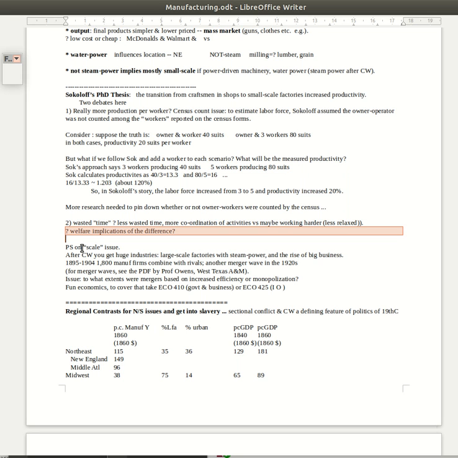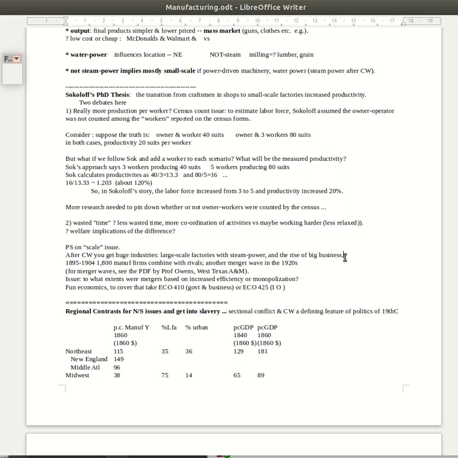Final point to note regarding the scale issue. Keep in mind that it's only after the Civil War that you get the very large factories for which America became famous. Large-scale factories powered by steam, and associated with that was the rise of big business.